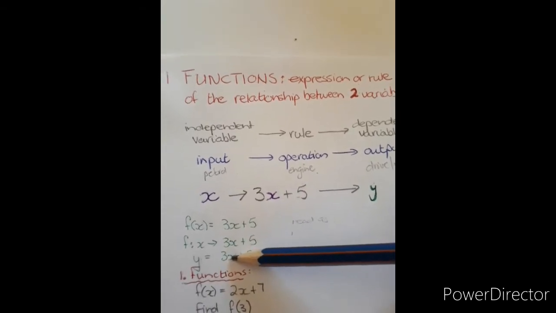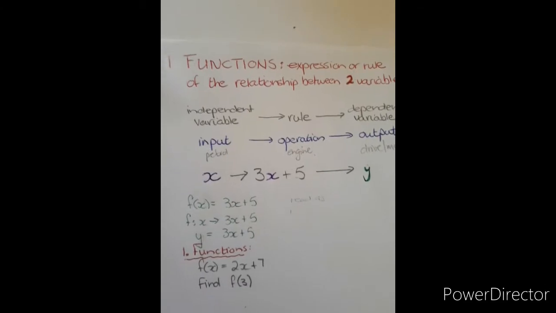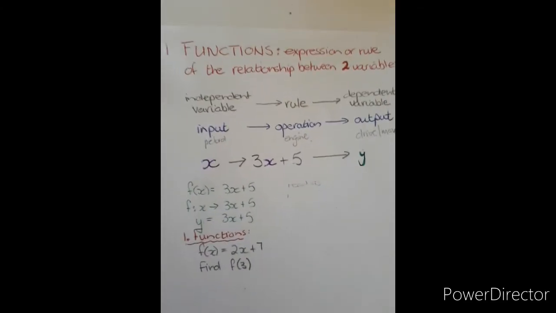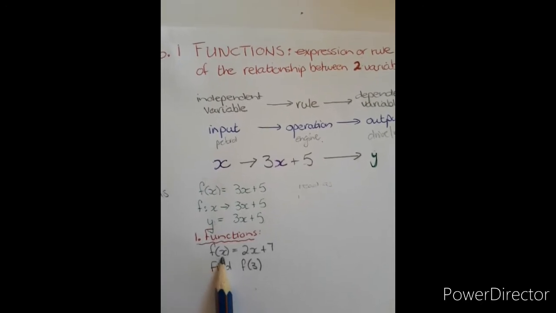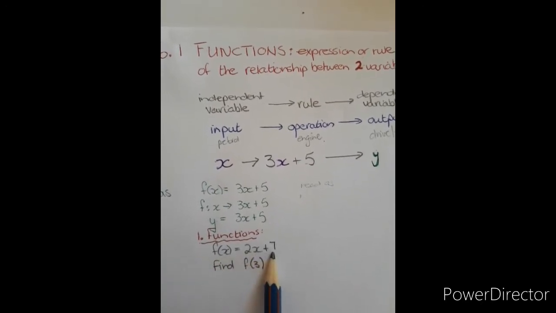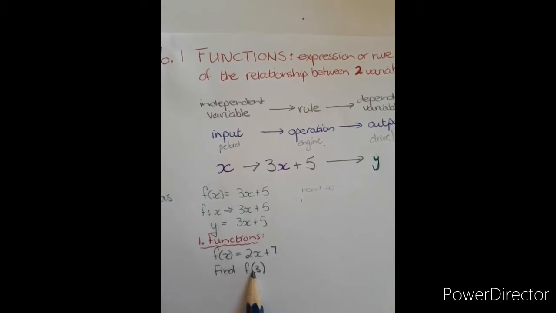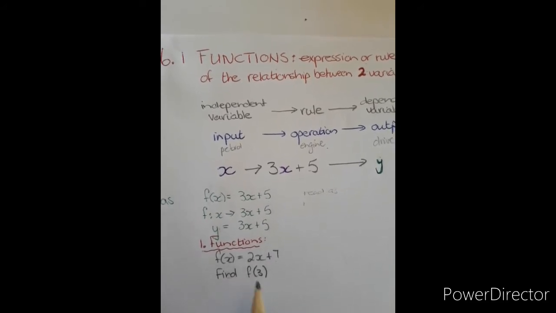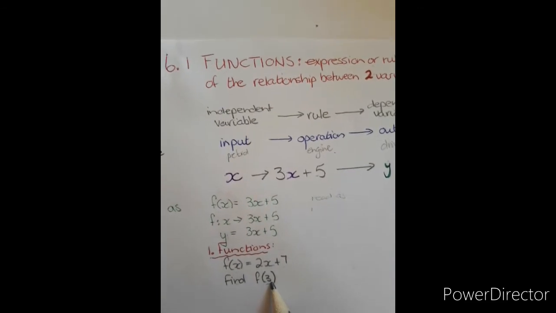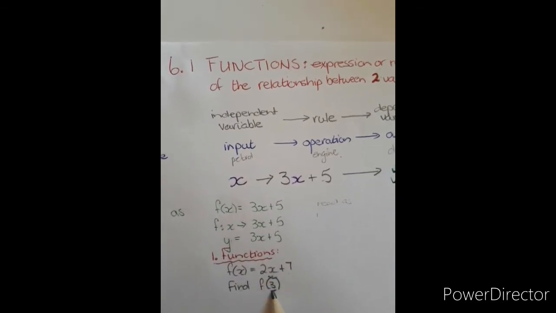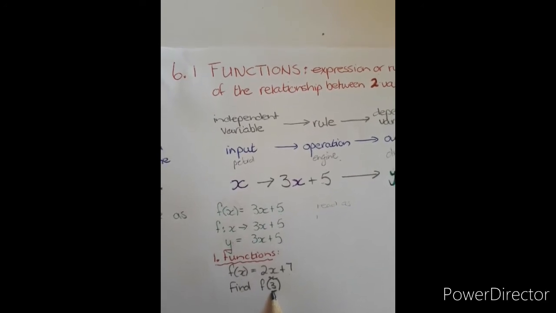Now this sounds very complicated, but let's look at an example and you will find that it is really easy. They give us the function f(x) = 2x + 7, and they say you must find f(3). Now this 3 stands in the place of the x. So they tell you that the value of x is 3.